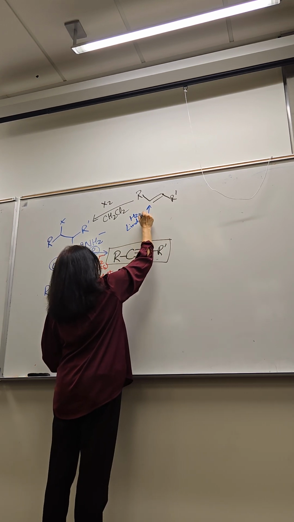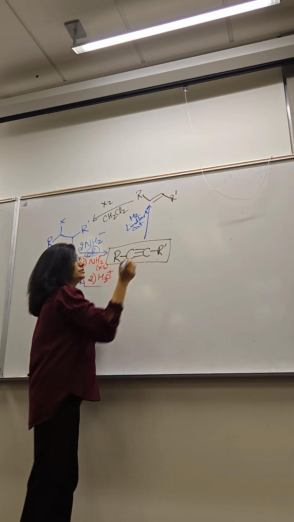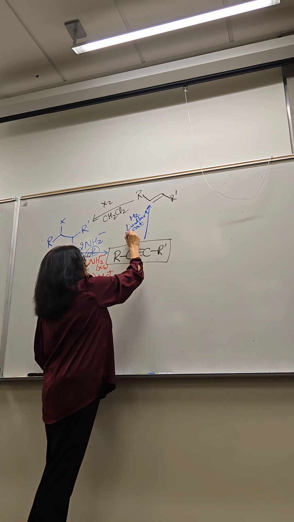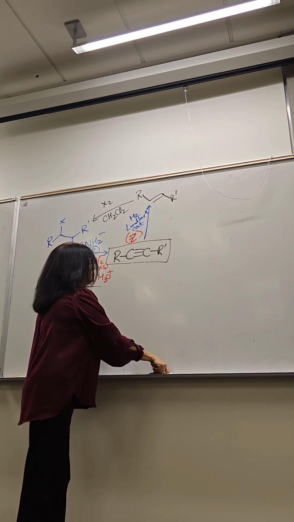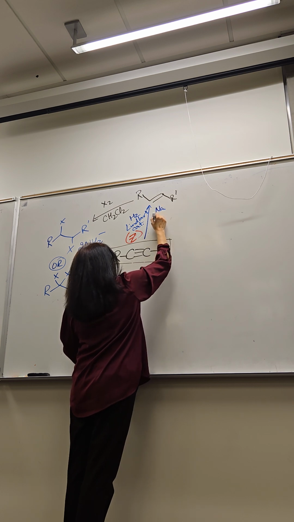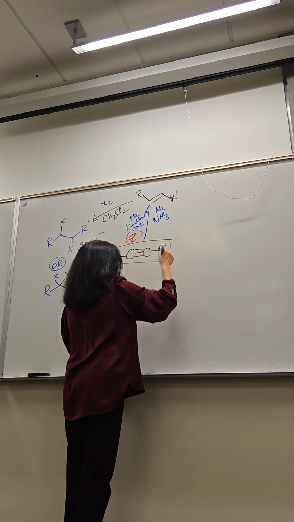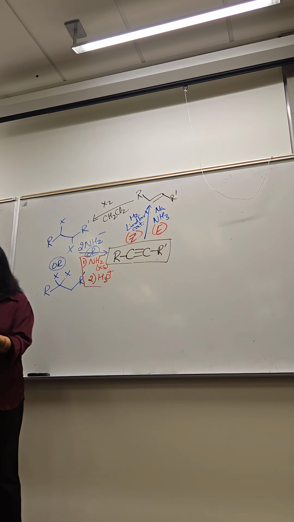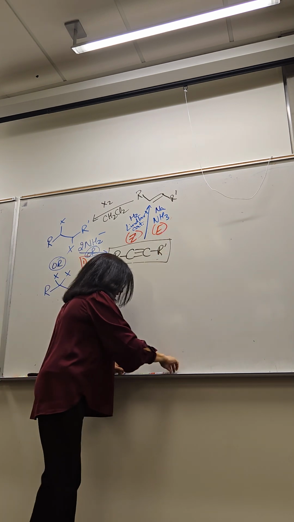Come on, guys. Alkene, quickly. Cis alkene, the Z alkene, exactly. And sodium or lithium in liquid NH3 gives the trans alkene, the E alkene. Good. Okay. What else have we learned?